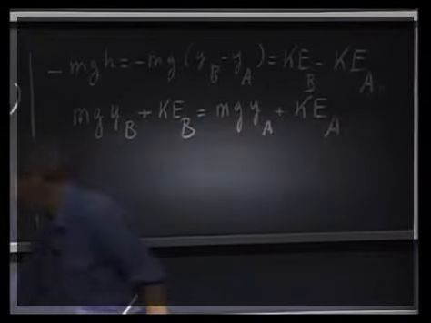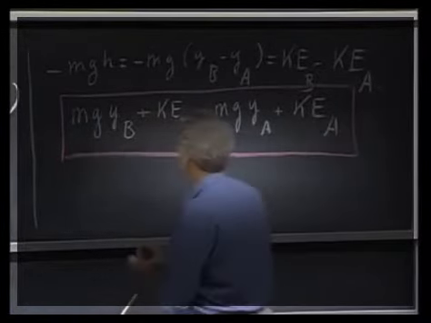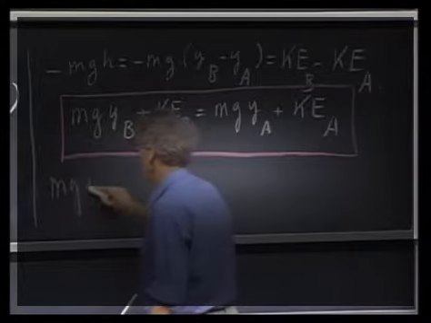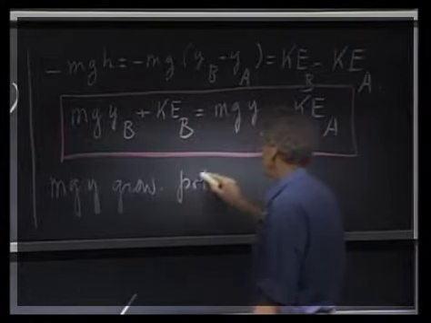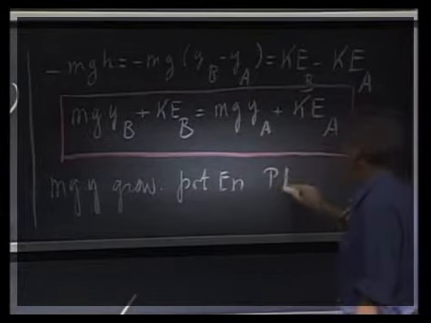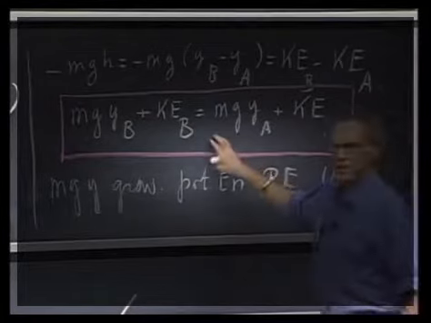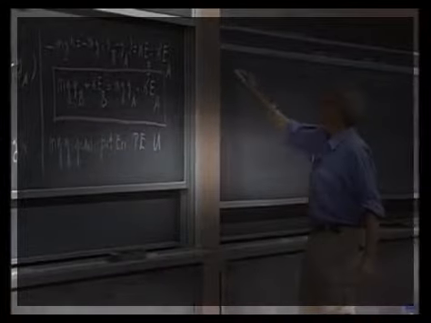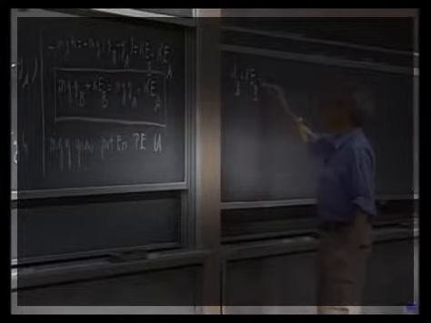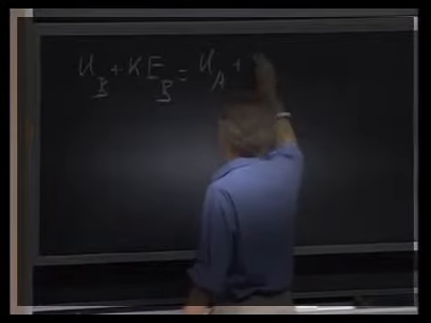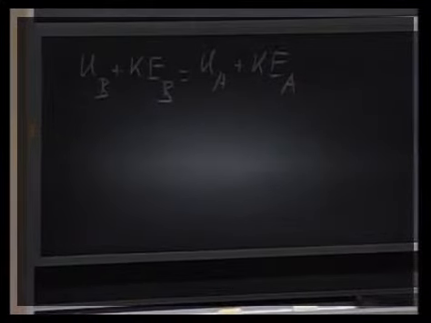And this is truly an amazing result. We call mgy, we give that a name, gravitational potential energy. Often we write for that PE or we write for that a U. And what you're seeing here is that the sum of potential energy at point B and the kinetic energy at point B is the same as the potential energy at A and the kinetic energy at point A. One can be converted into the other and it can be converted back.